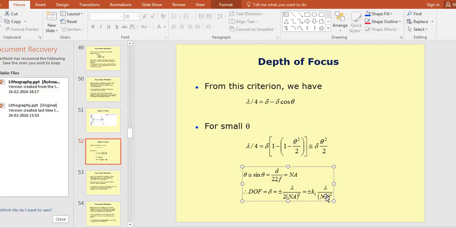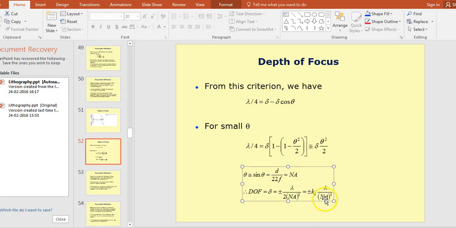Like in our case, suppose this is a tree and I want to focus it using my camera. So the distance between the object and the lens, when the object is exactly in focus, that is called the depth of focus, and depth of focus is a key parameter in deciding the resolution in lithography.